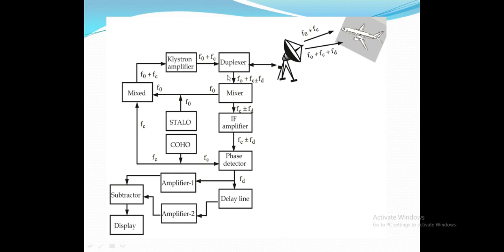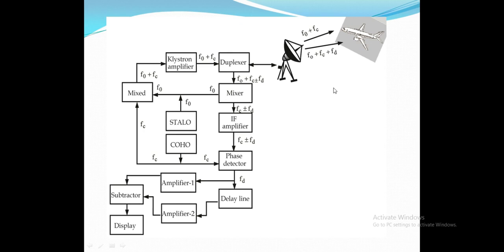Next, the echo pulse from the target is received by the MTI radar antenna. If the echo is due to a moving target, the echo pulse undergoes a Doppler shift.